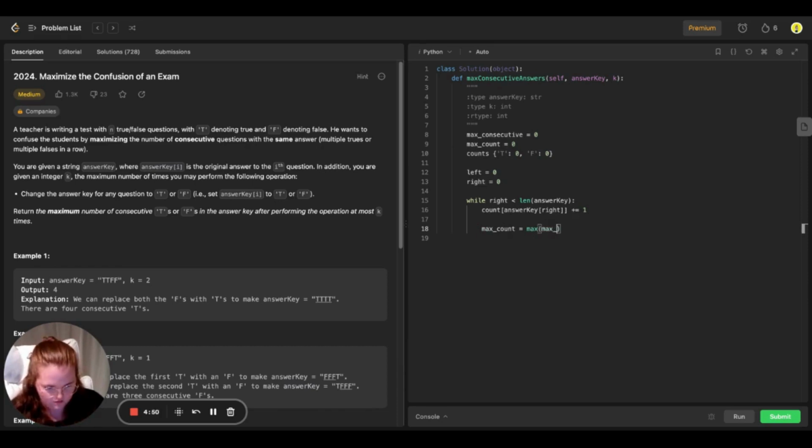Okay, so we need to update the maximum count if the count of the current character is greater. So that's what I'm doing right now.